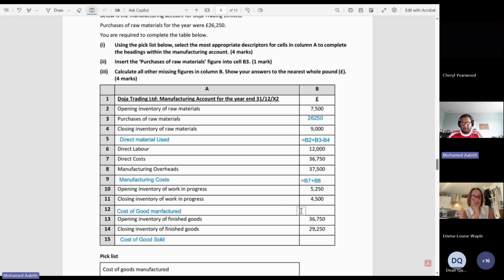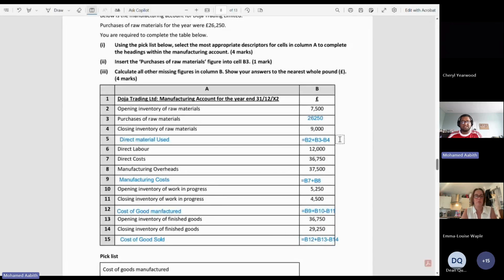And then for the cost of goods manufactured, we have the manufacturing cost, which is B9, so equal to B9 plus B10 minus B11. And the last but not least is equal to B12 plus B13 minus B14. That will be the last box.